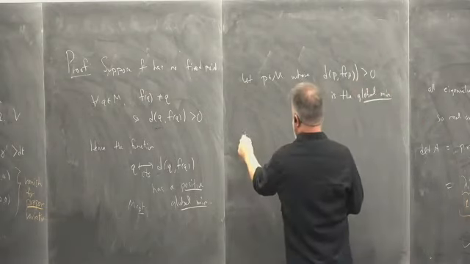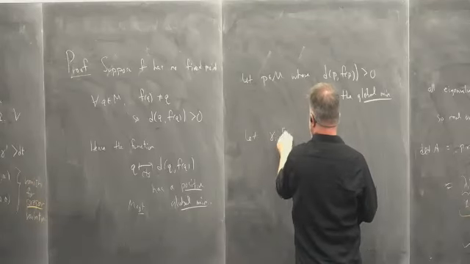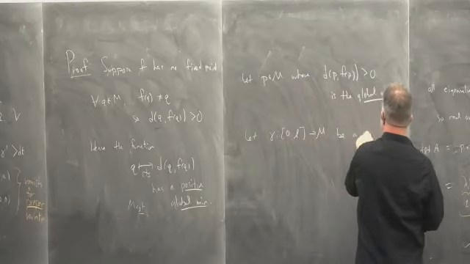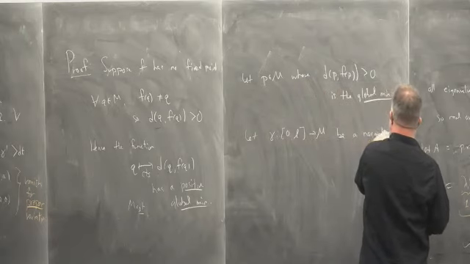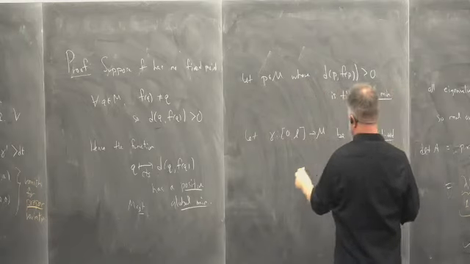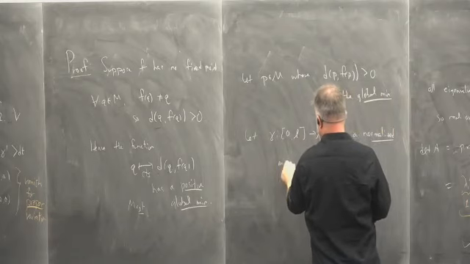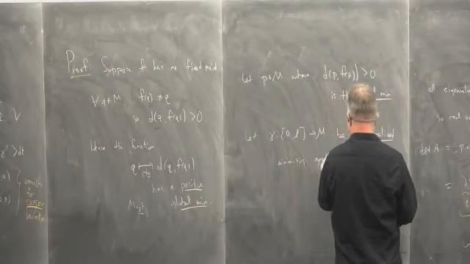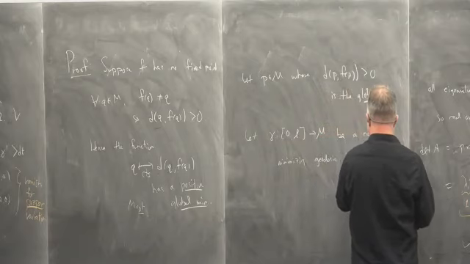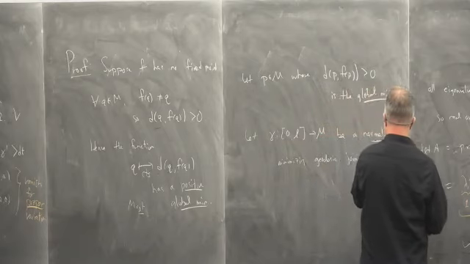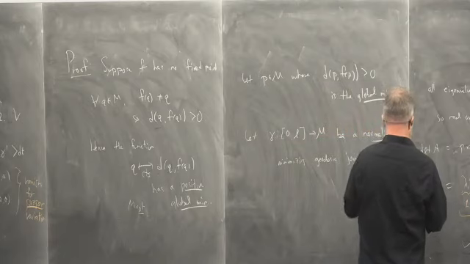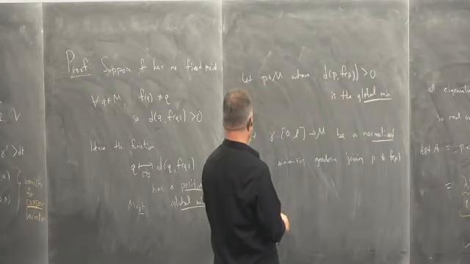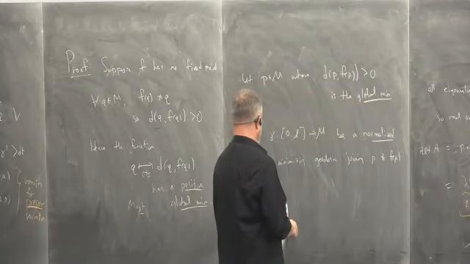That global minimum is positive. And let gamma from 0 to L be a normalized, so unit speed, minimizing geodesic joining P to f of P. This exists because M is complete.